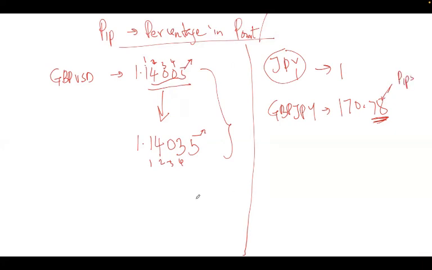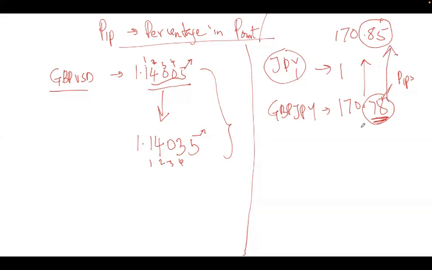Now, for most currency pairs that have 4 digits after the decimal, the pip is always calculated to the 4th digit after the decimal place. So if a price, let's say, moved from this to, let's say, 170.85, it's very simple. If you subtract 78 from 85, you're actually going to have 7. So it means that this market had moved 7 pips up to this point.